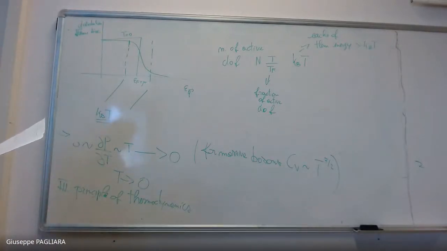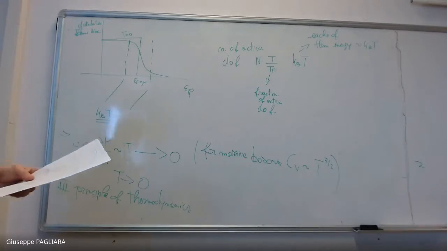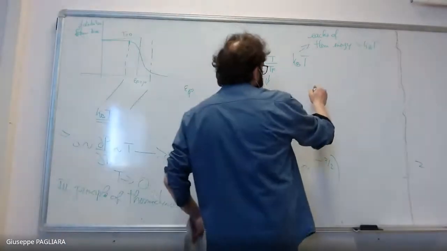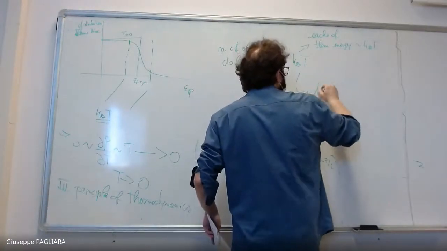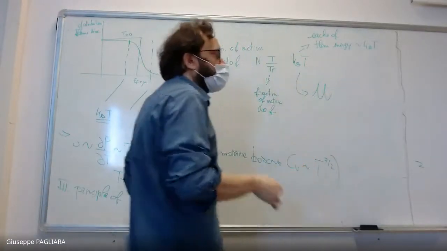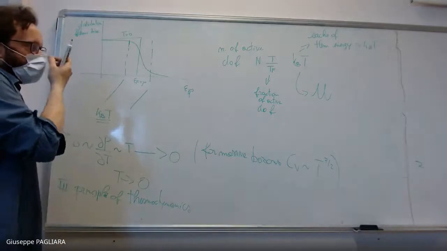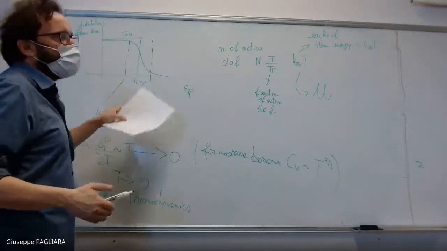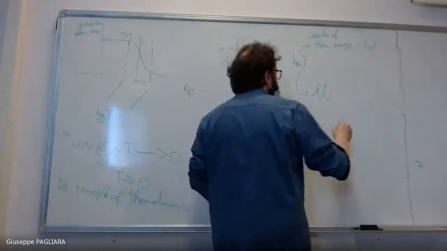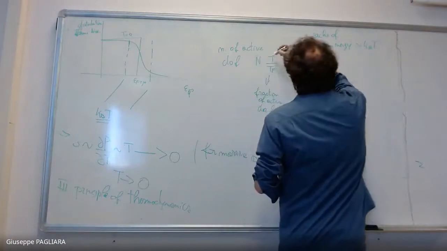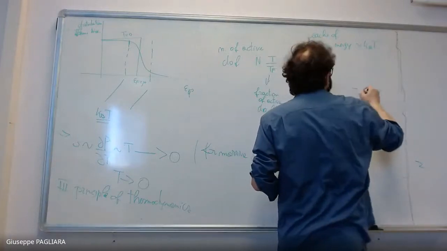Therefore, I can basically assume that the variation of the internal energy, due to those degrees of freedom that are active close to the Fermi surface, is proportional to T squared, as you see from here.